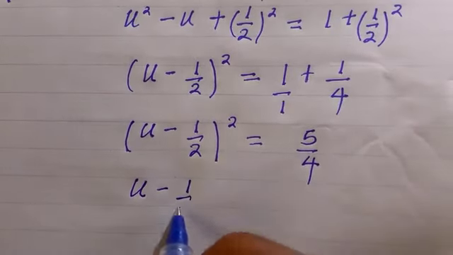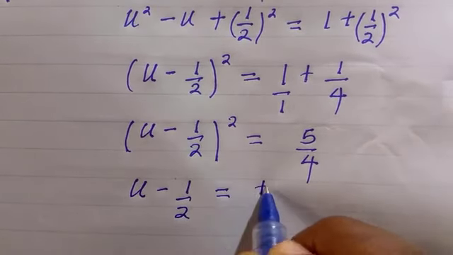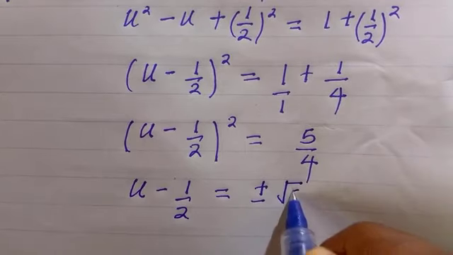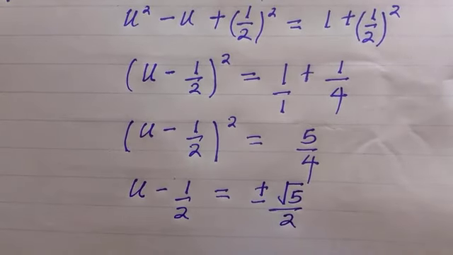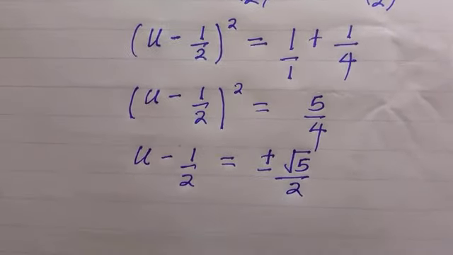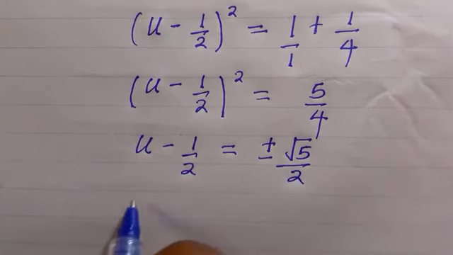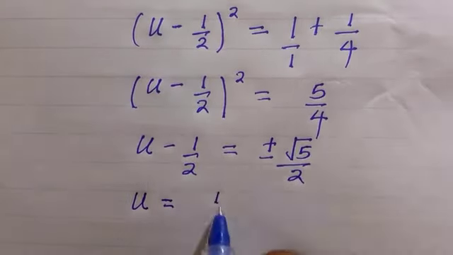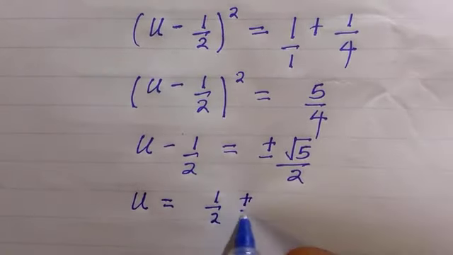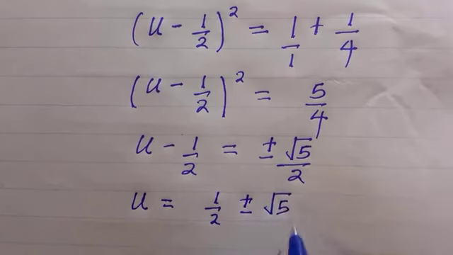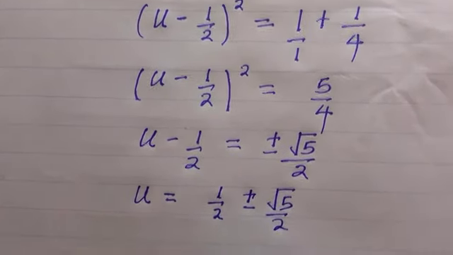So then we have u minus half equals plus or minus the square root of 5 divided by 2. By transferring minus 1 over 2 to the right hand side, we have u equals 1 over 2 plus or minus root 5 divided by 2.